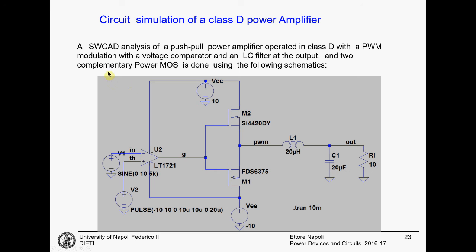After these comments on how to design the circuit and how a Class D power amplifier works, we can now present a complete circuit simulation of a Class D power amplifier.